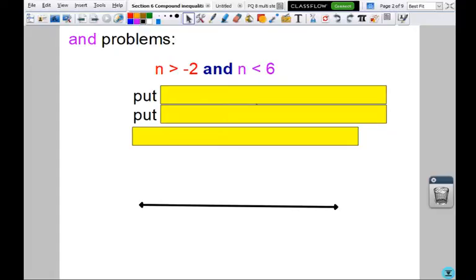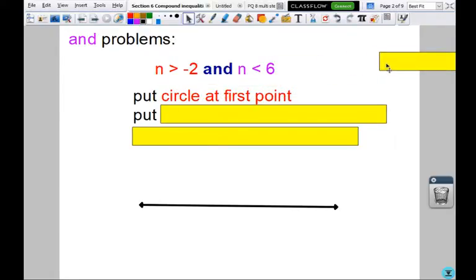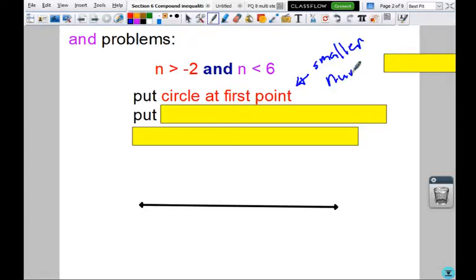To do an and problem, we are going to put a circle at our first point. And when I say first, I mean the smaller number, the one that will be on the left side. So when I look at this, I have n is greater than -2 and n is less than 6.